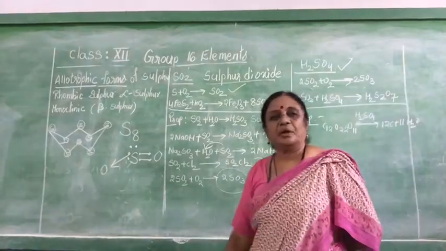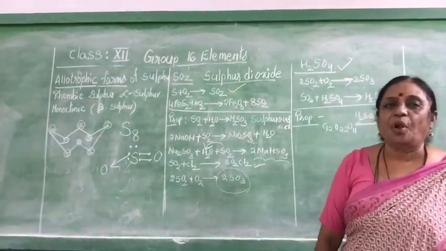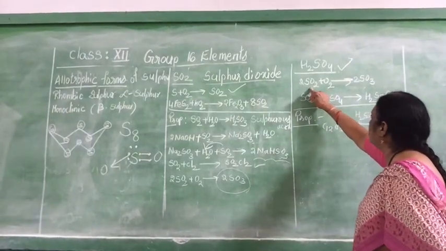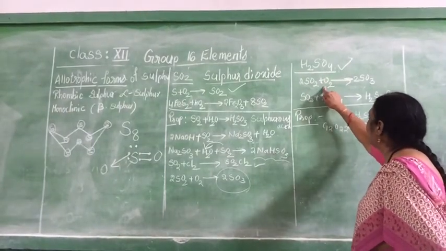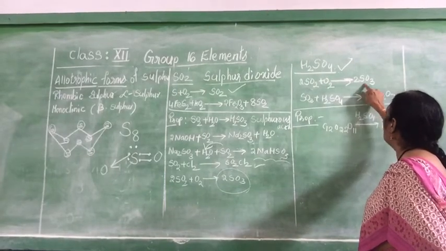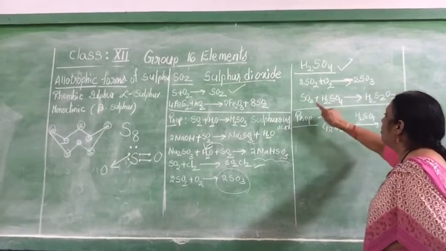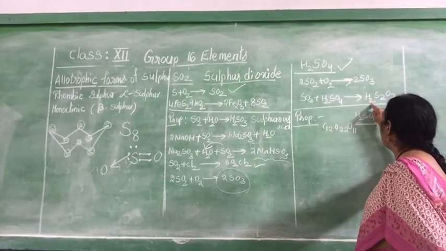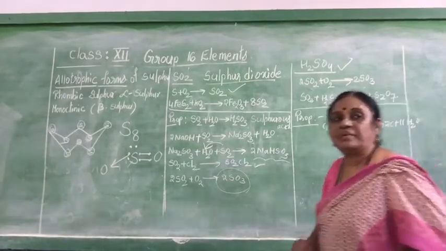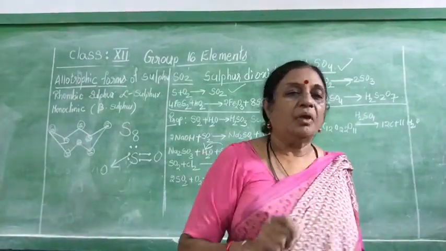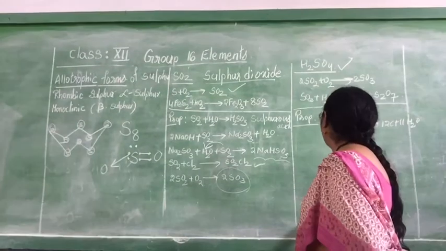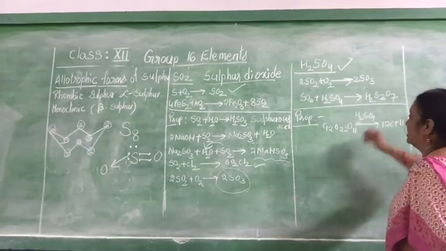Now, manufacture of sulfuric acid by contact process. Into the SO2, when oxygen is passed, we'll have 2 moles of SO3. Now, SO3 reacts with H2SO4 to form H2S2O7, that is oleum.